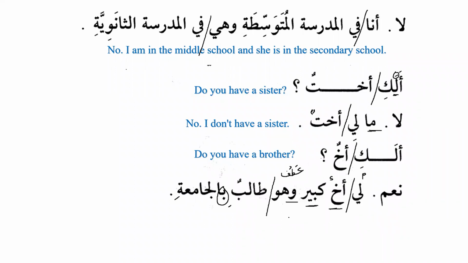This is called waw al-atfi, waw of conjunction, which is basically used to connect two sentences. Li akhun wahidun is the first sentence and huwa talibun bil jamiati is the second sentence. And waw is connecting these two sentences. And remember that waw is always connected to the second sentence.